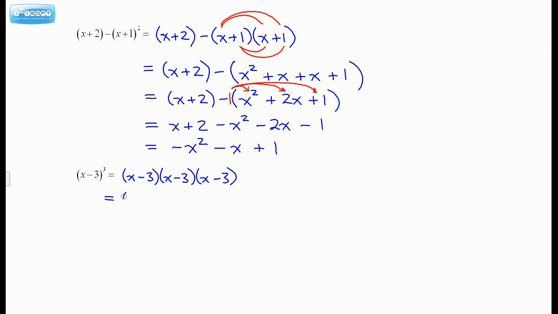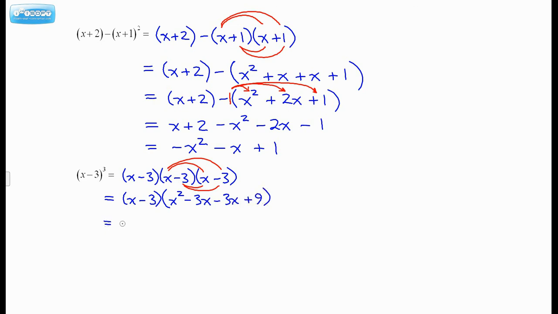That's just me. So this x minus 3 is going to stay there. But I'm going to apply FOIL now to this last set. So first, outside, inside, last. So I get x squared minus 3x minus 3x plus 9. Okay.